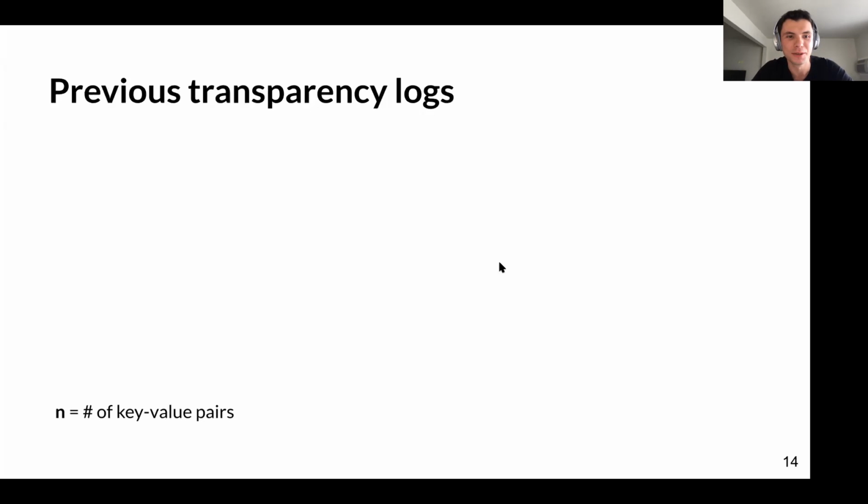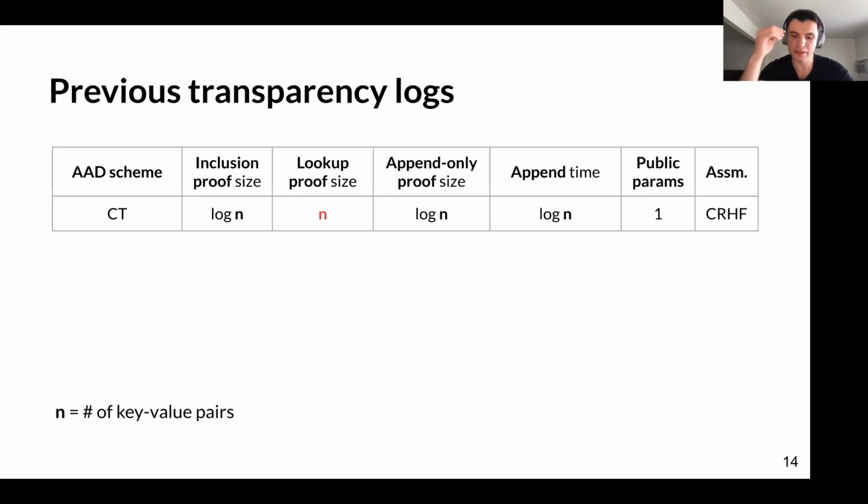Okay, so now let's talk a little bit about how these things are implemented in practice. So the first transparency log construction, and actually the thing that's deployed out there right now, is called certificate transparency. It's a really amazing system that's done a lot of good for the web. And the way certificate transparency works is it uses a Merkle hash tree where you append the certificate to the tree by adding new leaves to the tree in a left to right fashion.